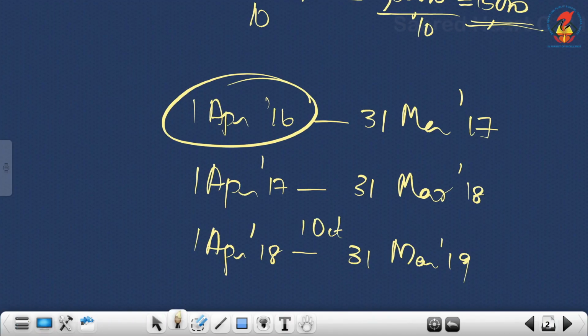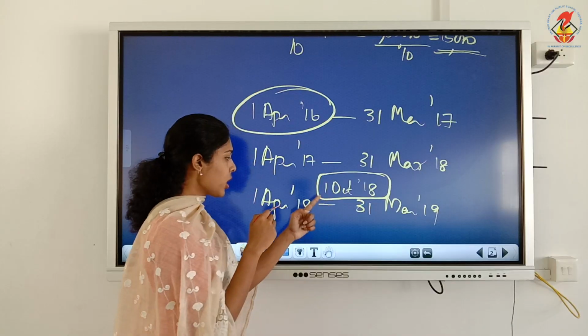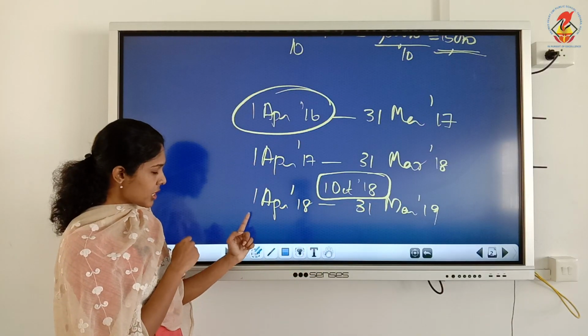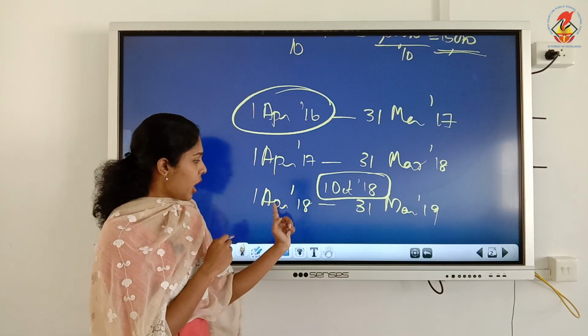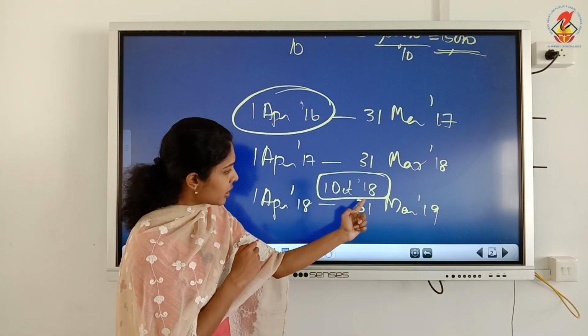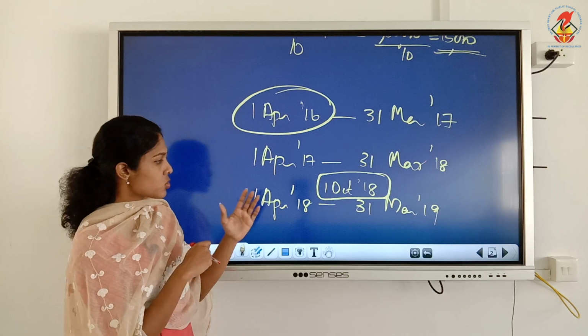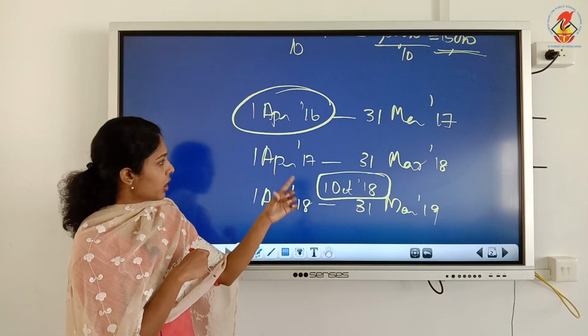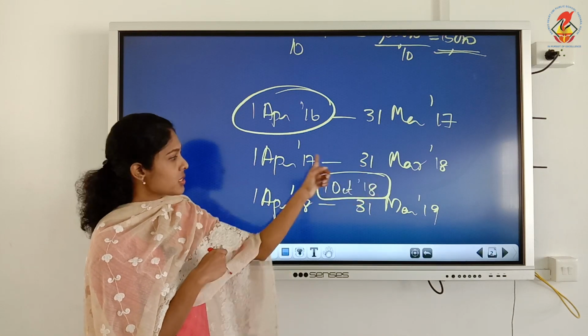The sale date is 1st October 2018. This particular date falls in the third financial year, starting with 1st April 2018. After that only we have 1st October. So this date will fall in this financial year, not in the second year.